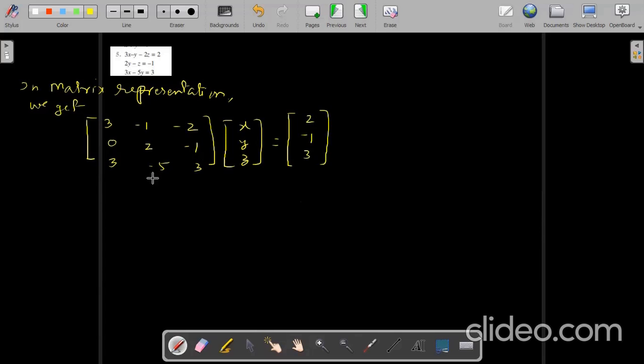So this is the matrix representation, AX is equal to B. This you should write first, and then find the determinant to get the condition. So 3, minus 1, minus 2; 0, 2, minus 1; 3, minus 5, 3. Find its value.